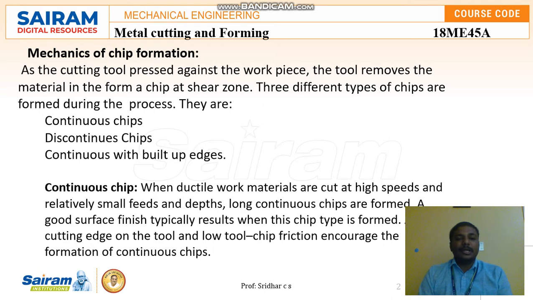To repeat: when ductile materials are cut at high speeds with small feed and depth of cut, long chips are formed. A good surface finish is obtained whenever long, continuous chips are formed. The surface finish can be determined by the type of chip formed during the machining process.